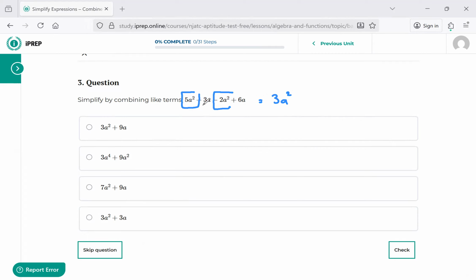And then you have just regular a's. You can circle that if you want. So you have a 3a here and a 6a there. So what's 3a plus 6a? 9a. Okay, so that's my final answer: 3a squared plus 9a, that one.